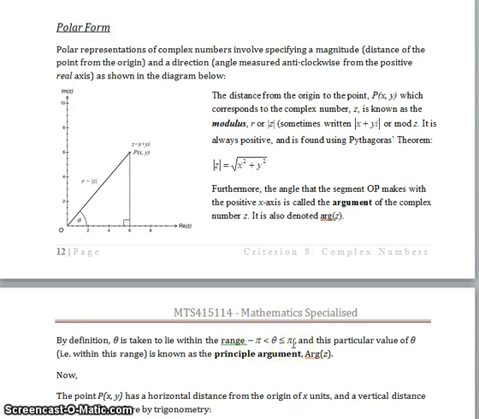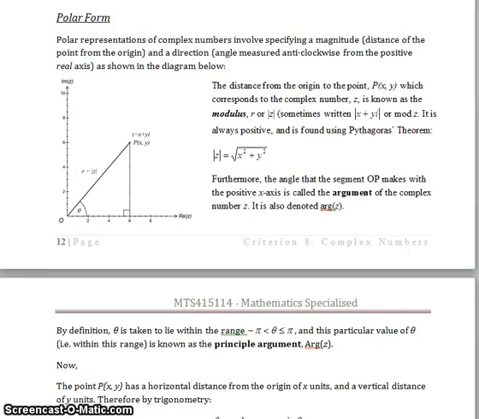This particular value of theta that is within that range is known as the principal argument, and we would denote that as Arg z with a capital A. So even though we can represent it using any angle really, by definition it's within that particular range. Now the point P(x, y) has a horizontal distance from the origin of x units, which we've already seen, and a vertical distance of y units.